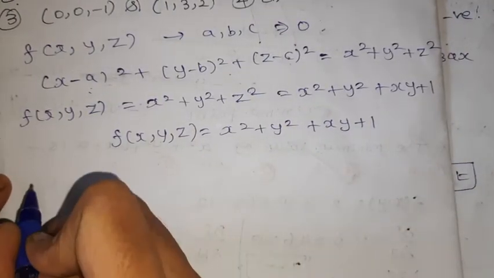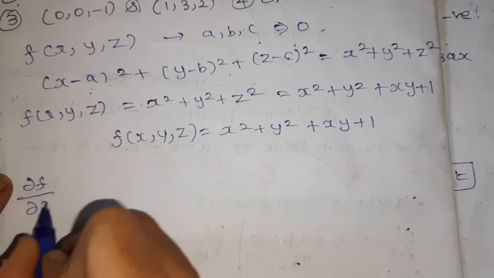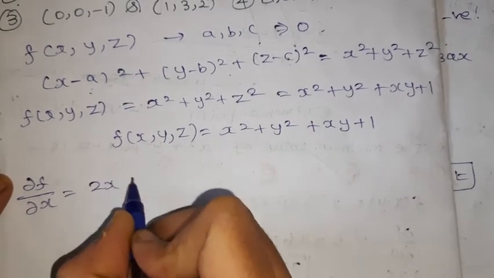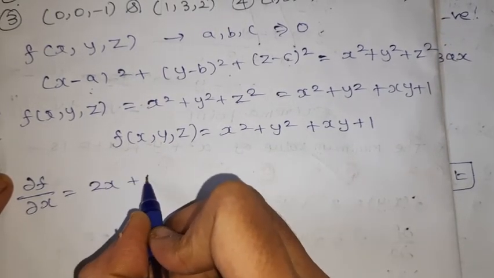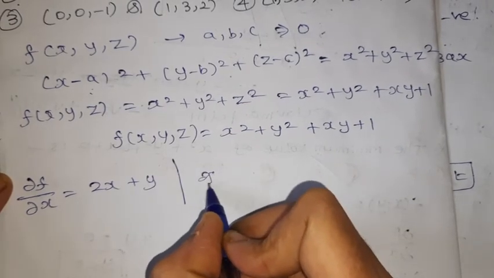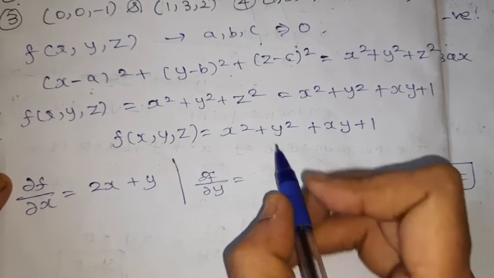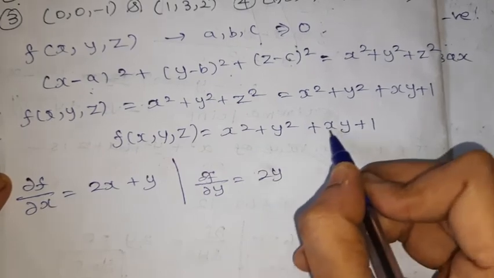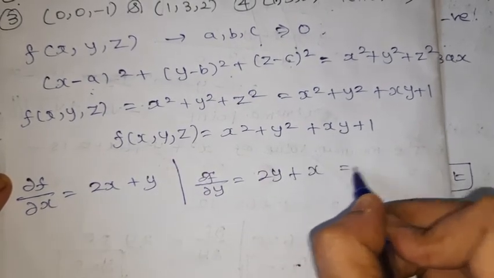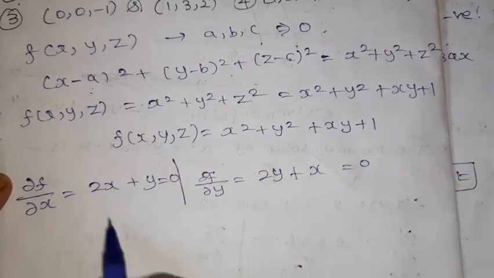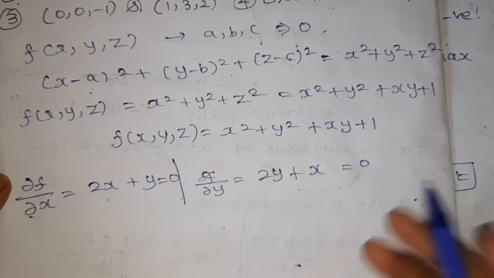This is the function. So dou f by dou x equal to 2x plus y, right? Then dou f by dou y equal to 2y plus x. So to find out the stationary points, dou f by dou x and dou f by dou y equal to 0.